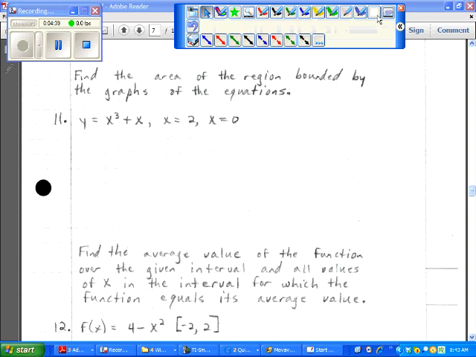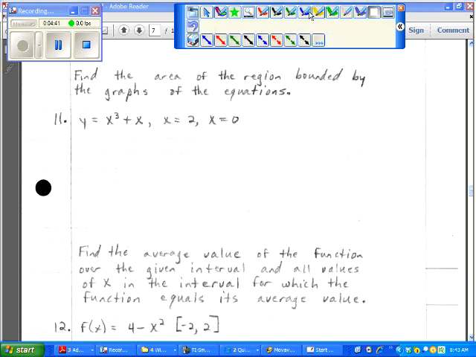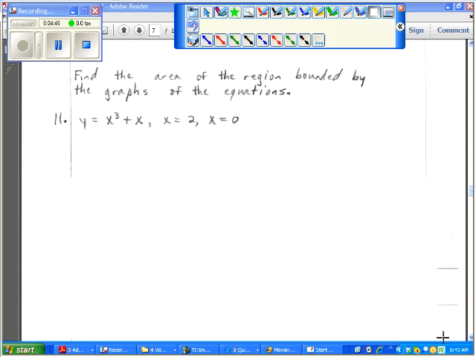Well, at first glance, you may say, well, that looks a little bit different. We've got 3 equations, but you realize that 2 of those are vertical lines, so it's not any different than what we've done. So if we were to try to draw a picture of this, then we have the region bounded by the vertical line x is 0, the region bounded by the vertical line x is 2, and that curve.